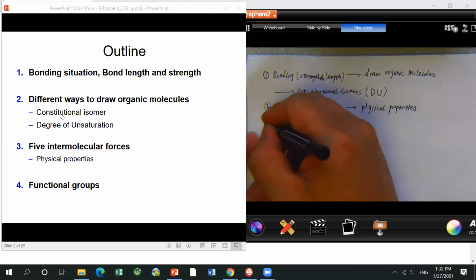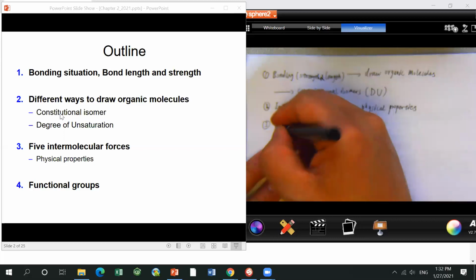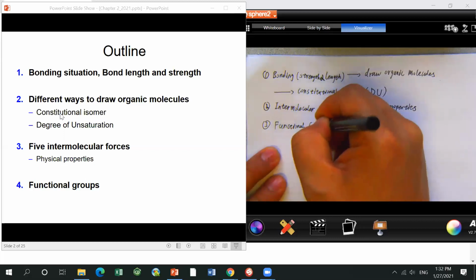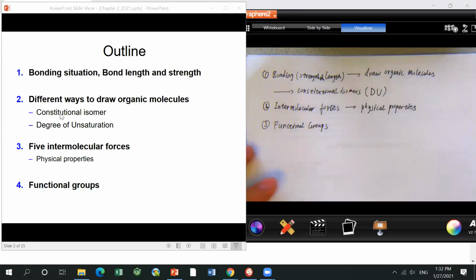The last block is about functional groups. Functional groups are how we classify organic compounds. There are maybe millions of organic compounds, and we invented a very efficient way to classify them: alcohol, ketone, and so on. That classification helps you study their chemical properties.